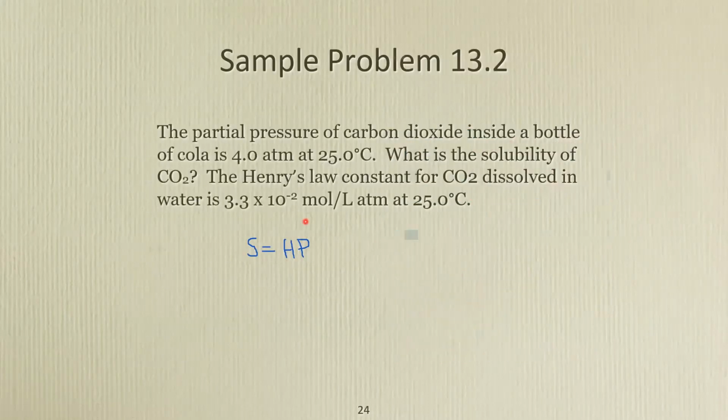Yeah, so they use K instead of H. But it's going to be the same thing, where we're essentially just going to have to take the Henry's law constant. So in this case, 0.033. And if we think about moles per liter atmosphere, that would be molarity over atmospheres. Times the vapor pressure. So in this case, just 4.